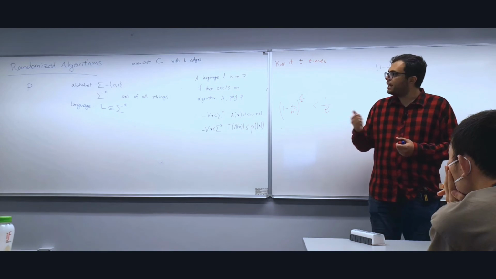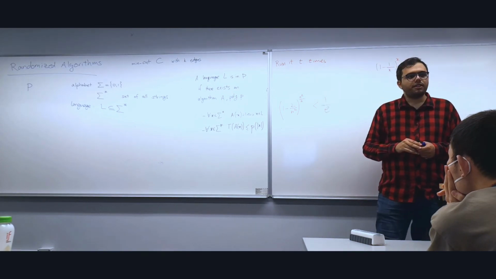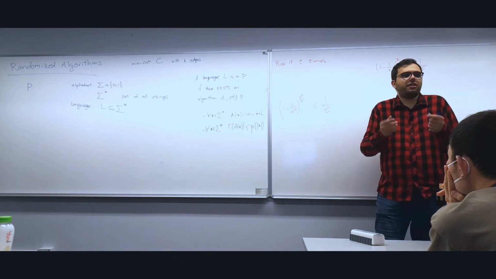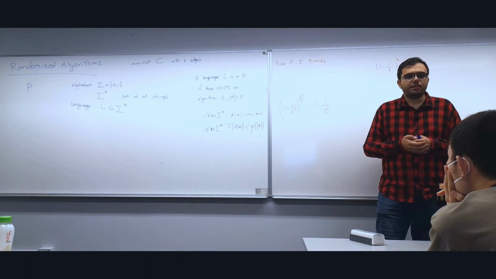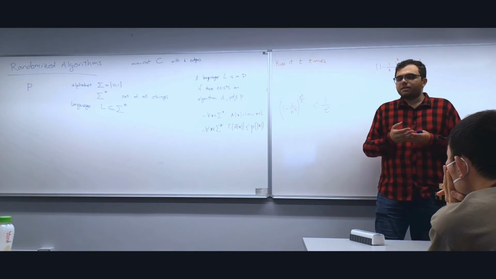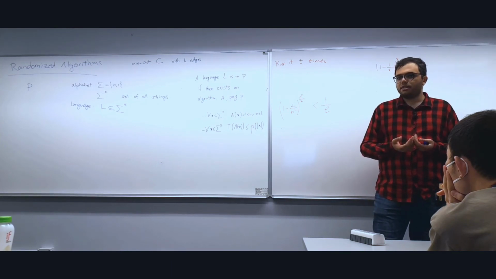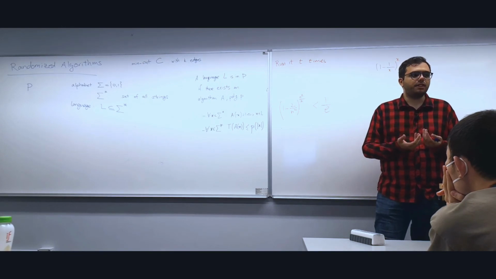But in the second algorithm that we talked about, the MinCut algorithm, the runtime wasn't really dependent on the randomness. We were always doing n-2 contractions. But it didn't always produce the right answer. The probability that it gives us the right answer was not 1.